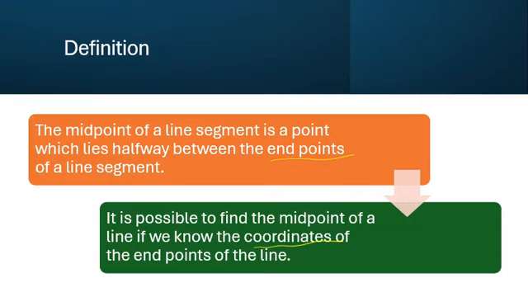So you can have a line, and that line has a starting point and end point. We know that the endpoints can be (x, y) and also (x, y). Those are coordinates of those two endpoints.